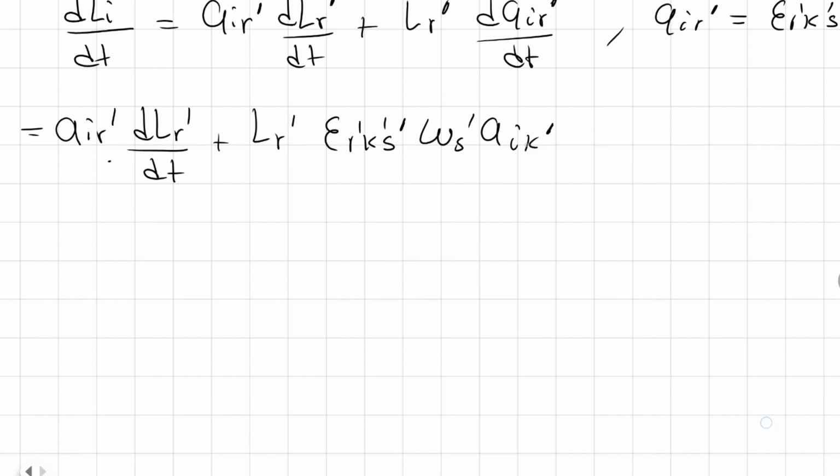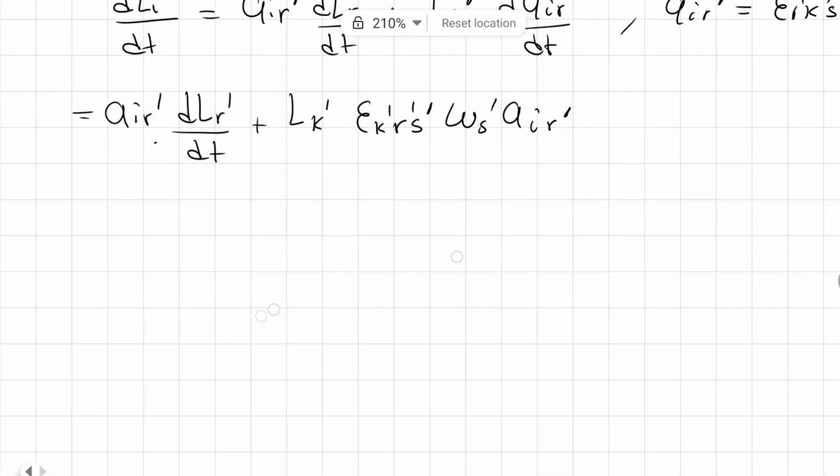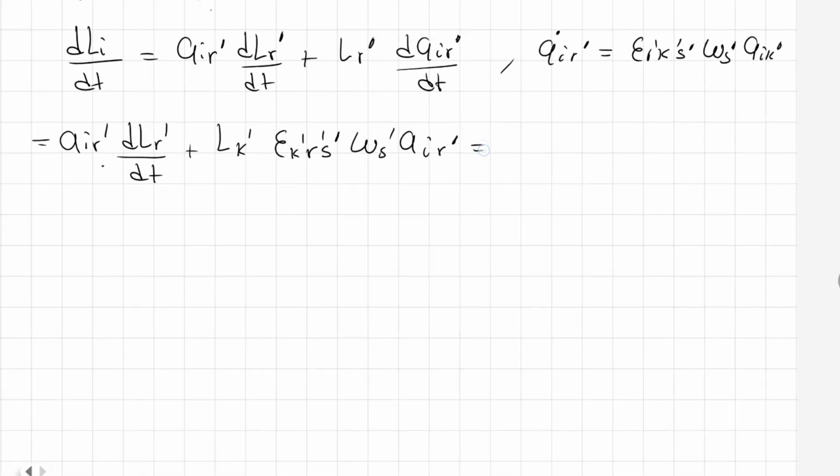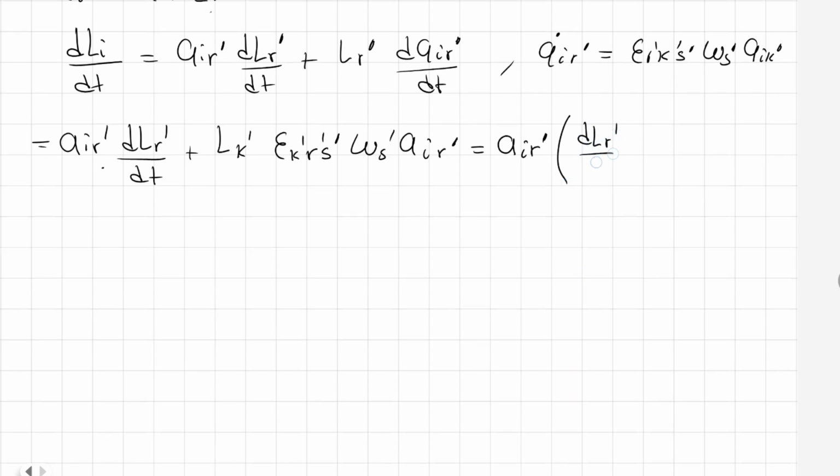So we are going to take this k to get an r, we take this k to get an r, we take this r to get a k, and this r to get a k. So that allows us to write a_ir prime times the derivative of L_r with respect to time plus L_k epsilon_{krs} ω_s, like this.